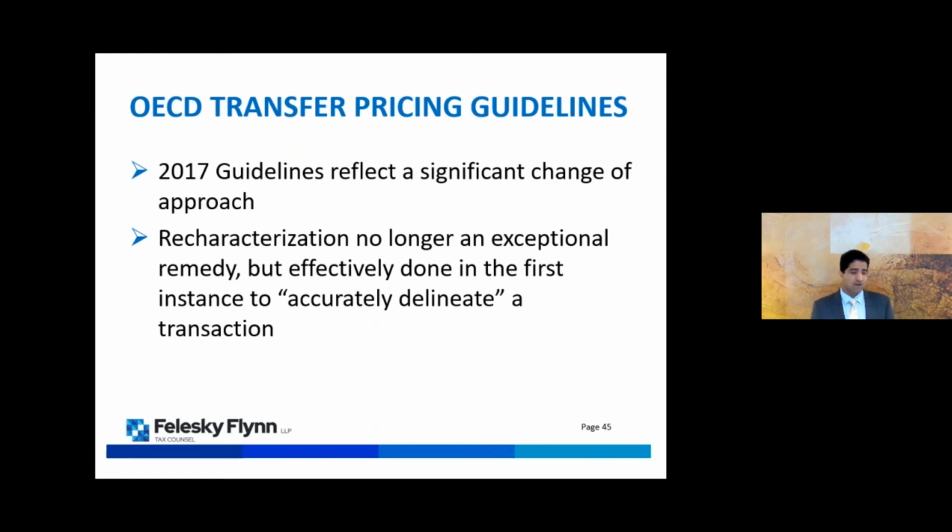And so you have our domestic law, which is drafted based on an older version of the guidelines, which viewed recharacterization as exceptional, but you have the OECD shifting, and really the CRA has been at the forefront of those discussions at the OECD. So they're very much in favor of this revised approach that's being advocated by the OECD.